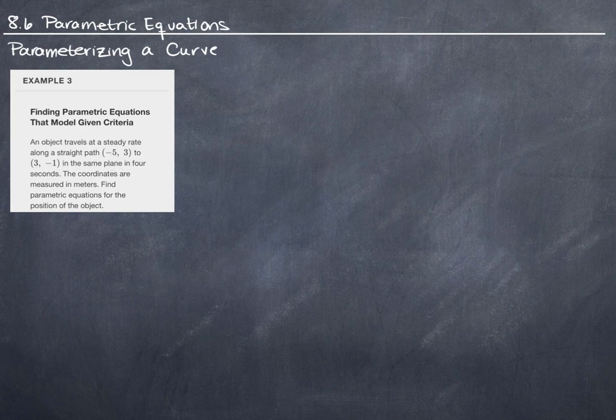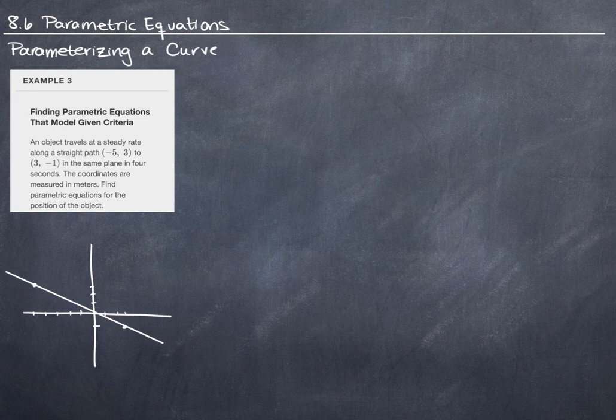So on a Cartesian grid, we have -5, 3, and 3, -1. So frankly, we could just take this information and find the equation of the line that goes between these 2 points.